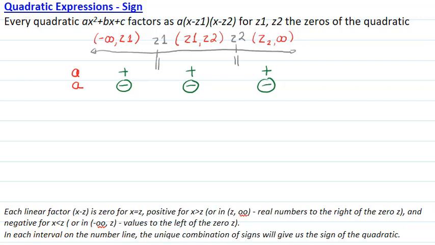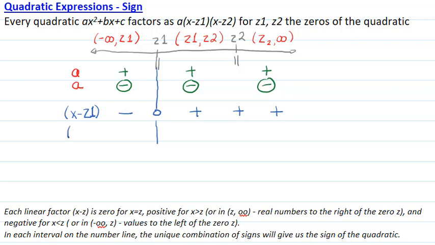And then each linear factor, x minus z, will be 0 when x is equal to z. For example, if this was z1, this factor will be 0 exactly when x is equal to z1, but then the factor will be positive when x is greater than z, which is the area to the right of its 0, or the interval z comma infinity, and it would be negative to the left of the 0 when x is less than z.